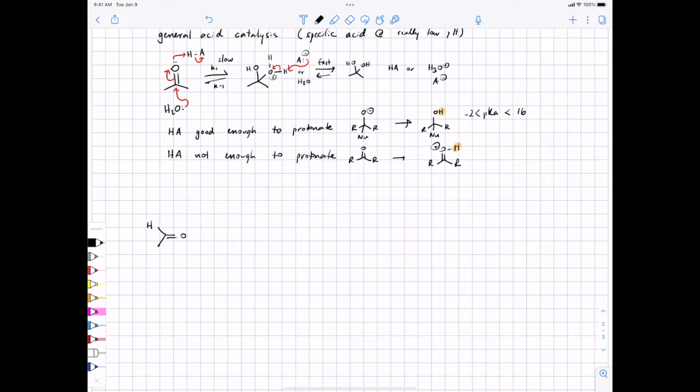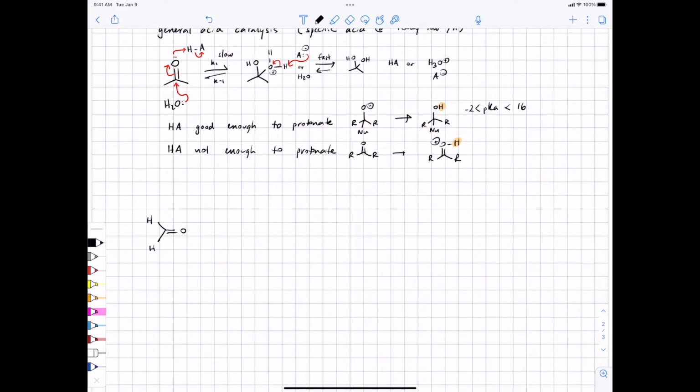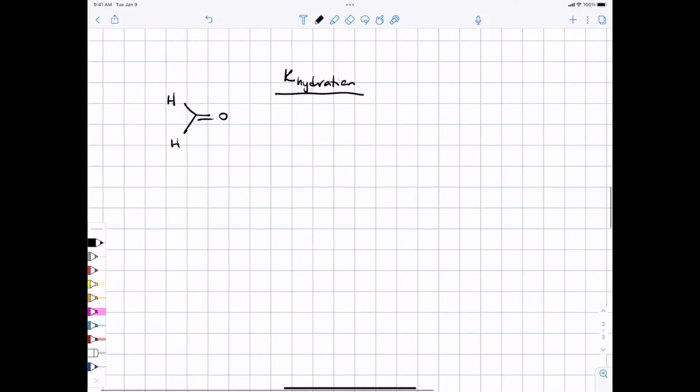I'm going to show you an equilibrium constant that is basically the equilibrium between hydrate and a carbonyl compound. We'll call this K of hydration. That's the equilibrium constant. And we'll just show you some numbers.